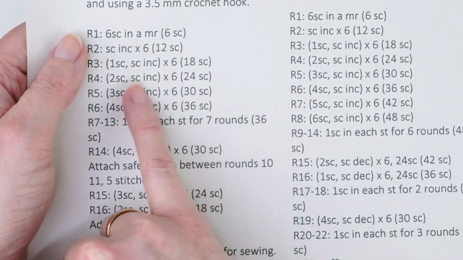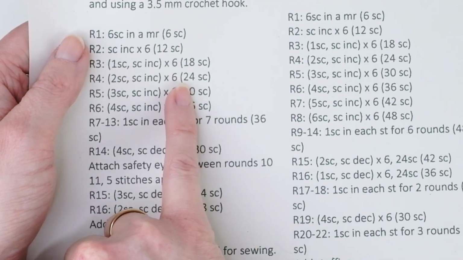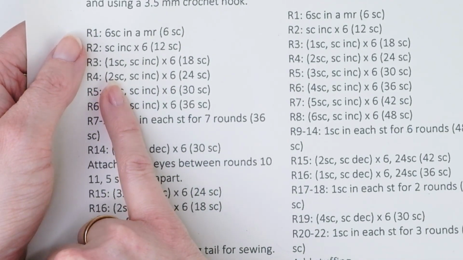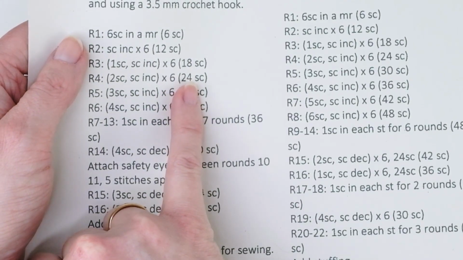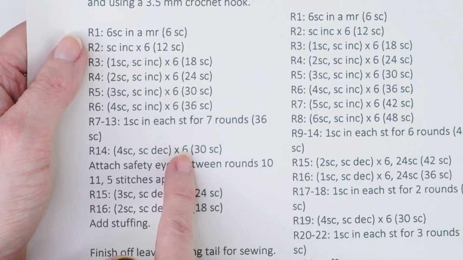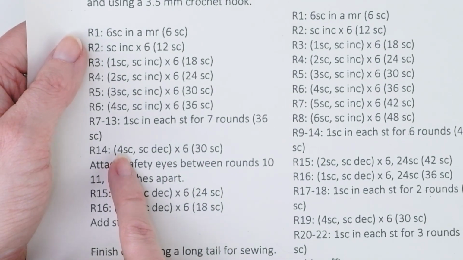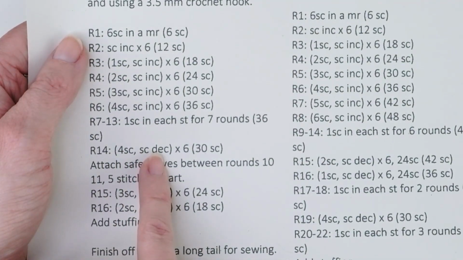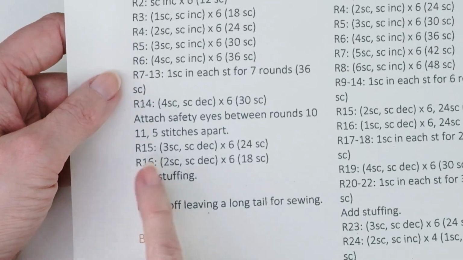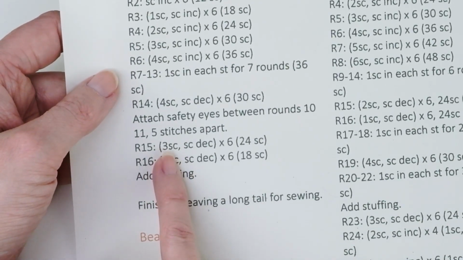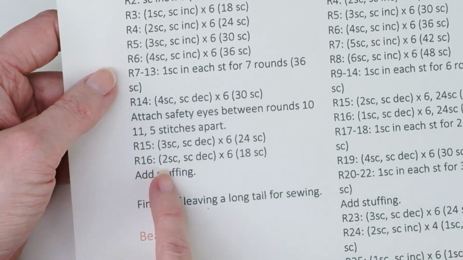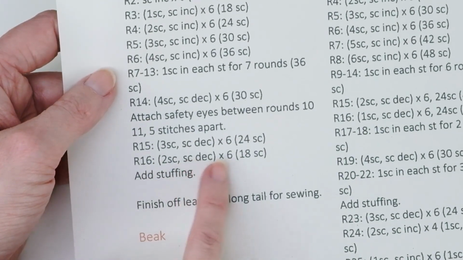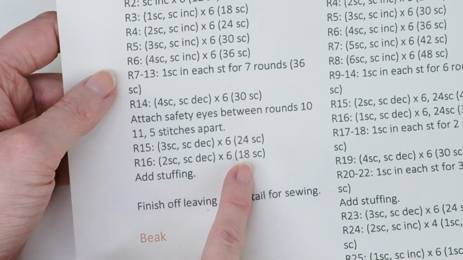But since I have done only 24, I'm going to do 2 single crochets and 1 decrease in the next, and repeat this 6 times. But if you had done 36 single crochets, you do 4 single crochet and 1 decrease in the next, repeat 6 times. The next round would be 3 single crochets, 1 decrease, repeat 6 times. You have 24. And here 2 single crochet, 1 decrease, repeat 6 times, 18 single crochets.